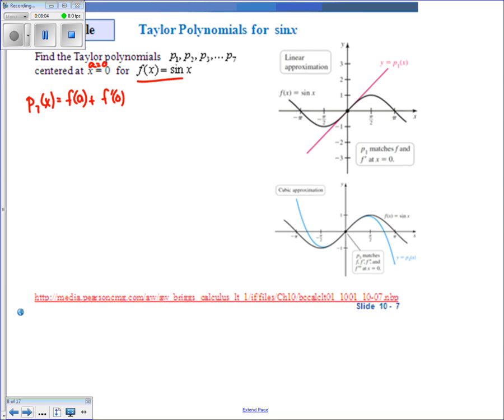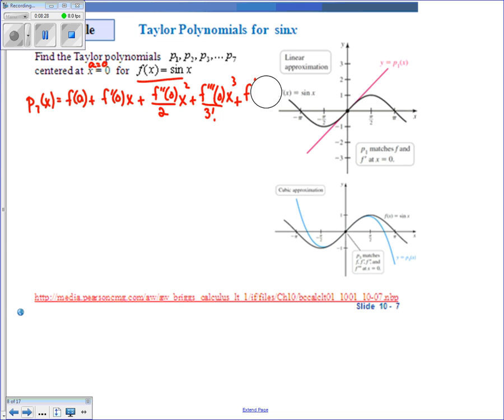Since my a is 0, it's just times x, plus f double prime of 0 over 2 x squared, plus f triple prime of 0 x cubed over 3 factorial, plus f fourth order derivative.